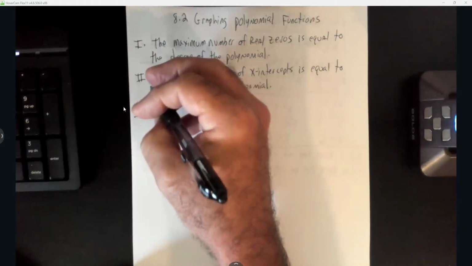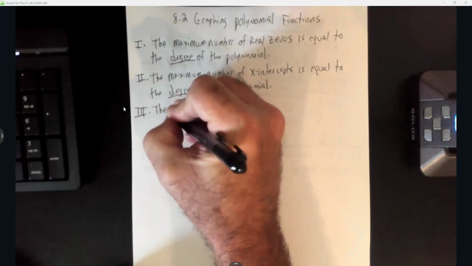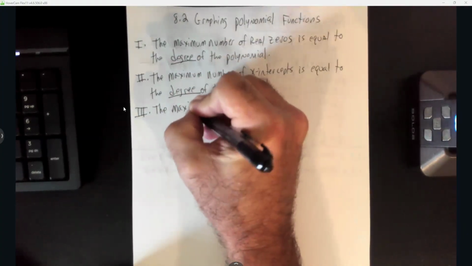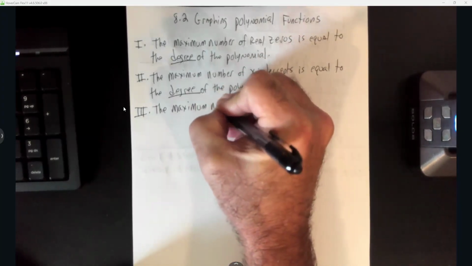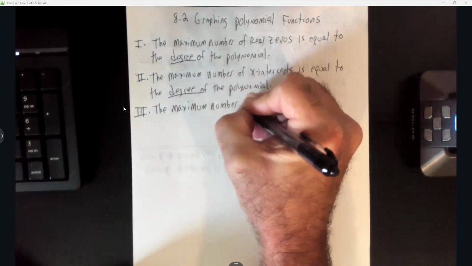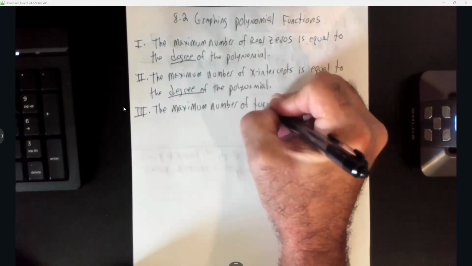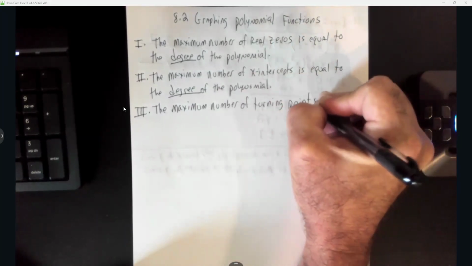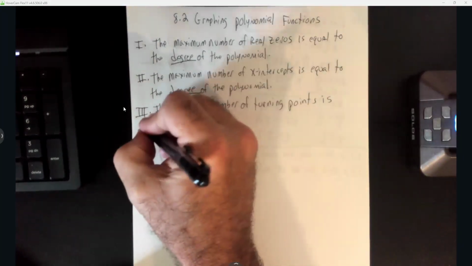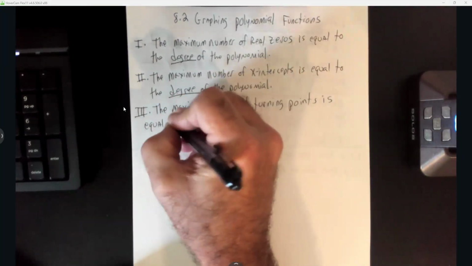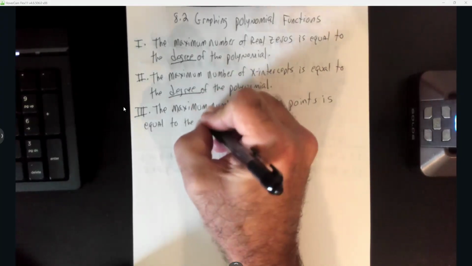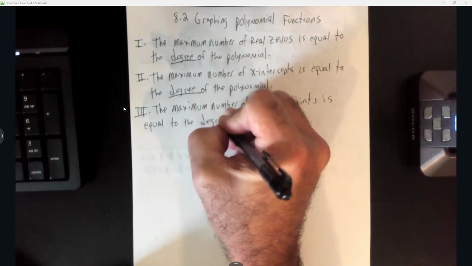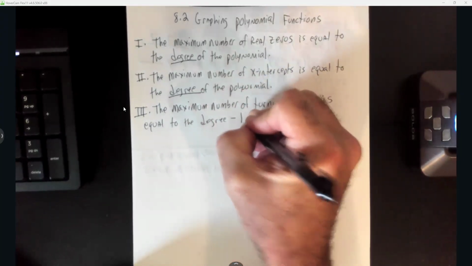So what about the turning points? The maximum number of turning points is equal to the degree minus 1.